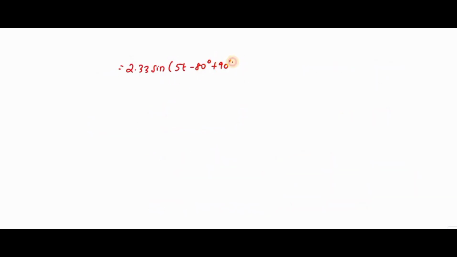So this is 2.33 sine of 5t plus 10 degrees. So the value of V0 from the current source is 2.33 sine 5t plus 10 degrees.